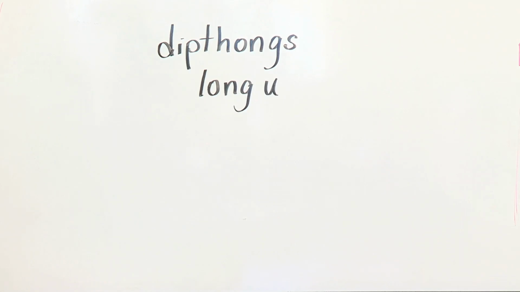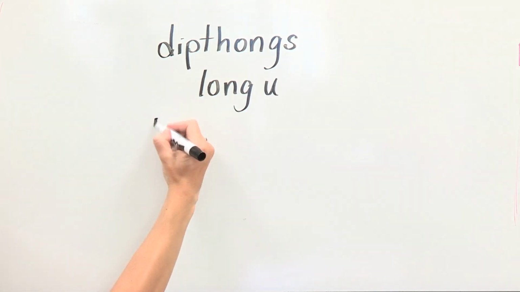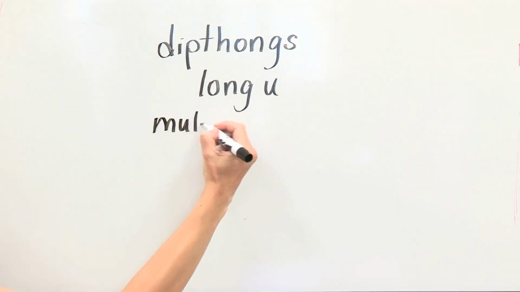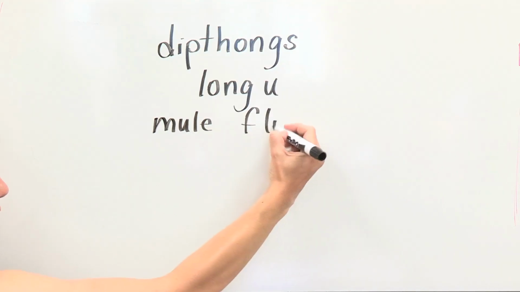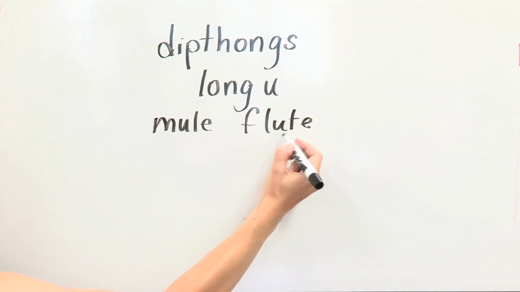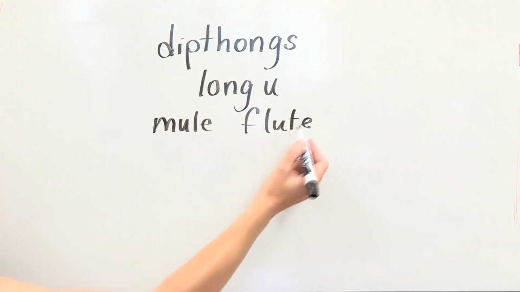All right, so long U, if you remember from our very first lesson, makes two sounds. So we have mule, and then we have flute, which makes an oo sound.